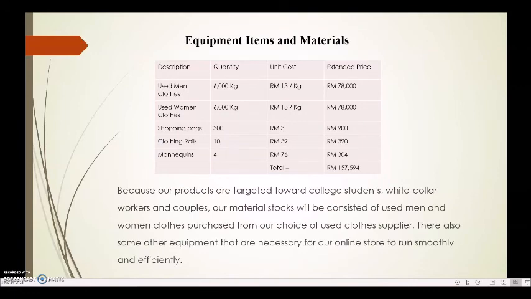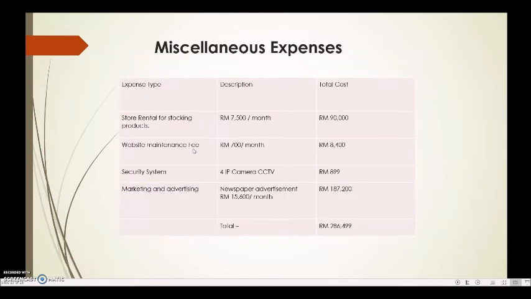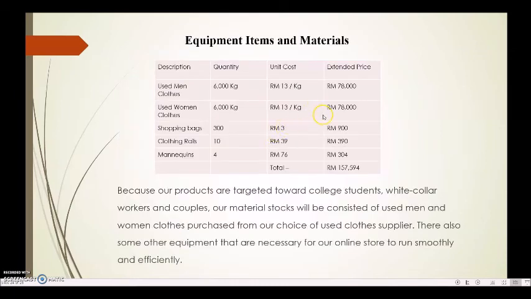So what are the equipment, items and materials? The products will basically be pre-loved men's clothes or women's clothes. These will be the categories within the catalog, and things like shopping bags or any kind of clothing attire at the very first place. And these are the descriptions of how we will do it.